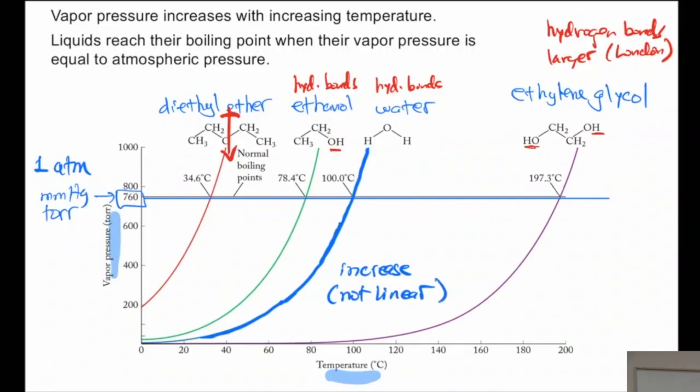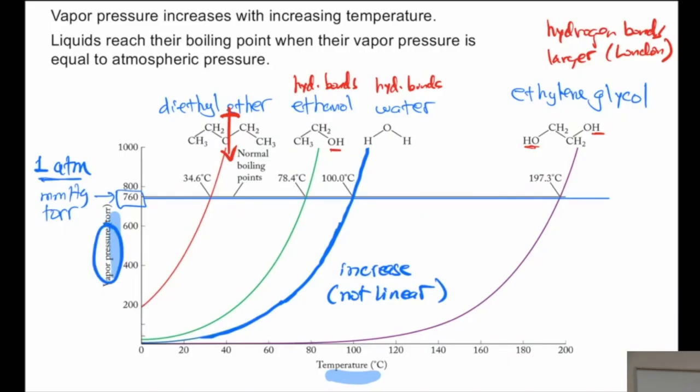But let's just focus on the increase for the moment. At some point, it's crossing 1 atmosphere. We've got temperature and we have atmosphere. But don't be confused by atmosphere being the atmospheric pressure. This is the vapor pressure. That's what we're looking at here.